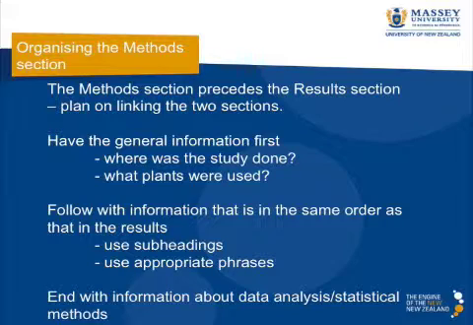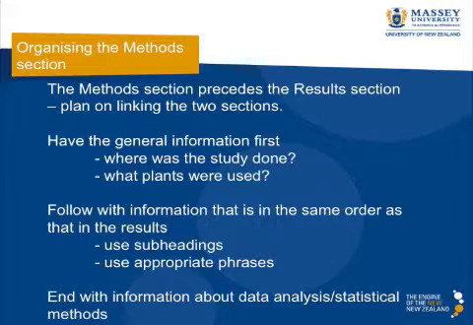So the general information goes first. Then you follow it with information, in an order similar to that in the results, about the exact methods that you used to get the results that you achieved.